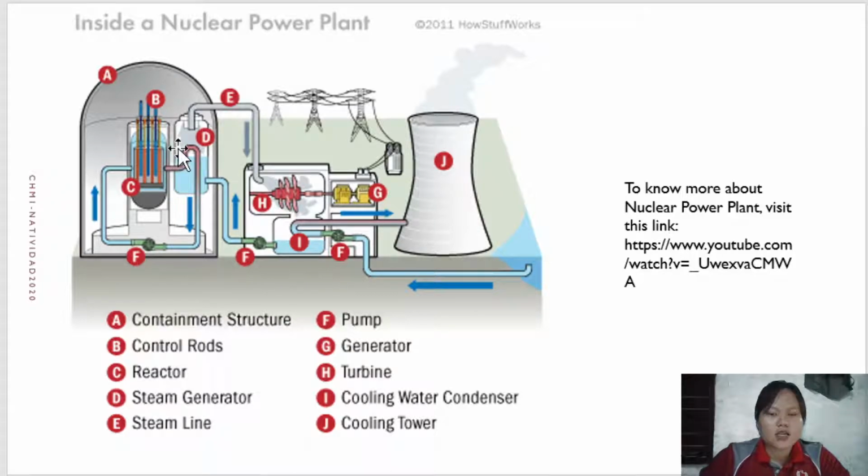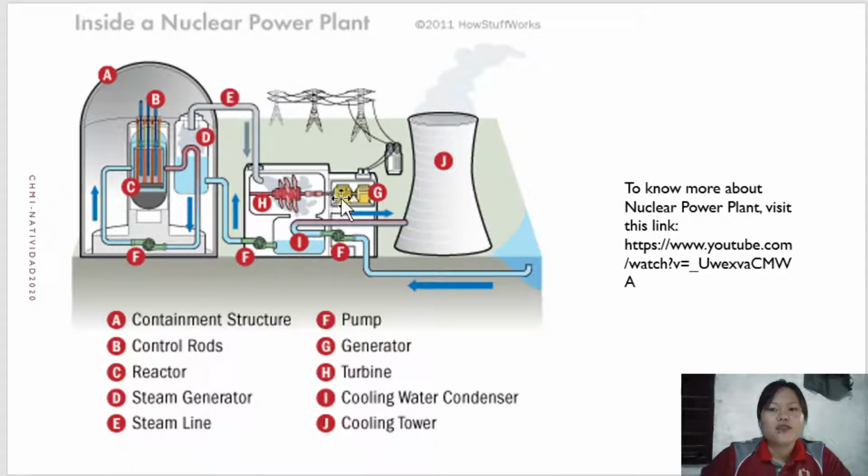As stated a while ago, what makes this turbine work is the steam coming from the heat or energy released from the nuclear reaction inside the uranium rods. The steam flows in here and then it spins the turbine.